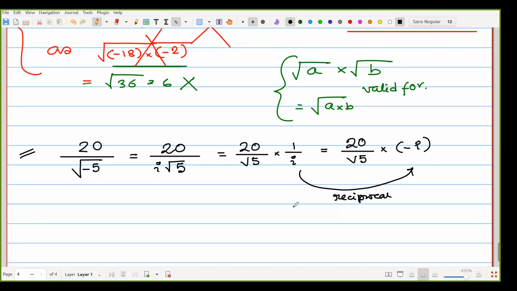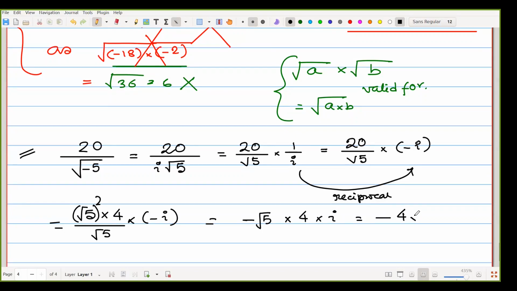No problem, reciprocal. So 20 means we can write 5 into 4, over square root of 5. That means square root of 5 whole squared, into minus i. So here the result is minus square root of 5 into 4 into i, or for easiness we are writing it in that way, minus 4 square root of 5 i.